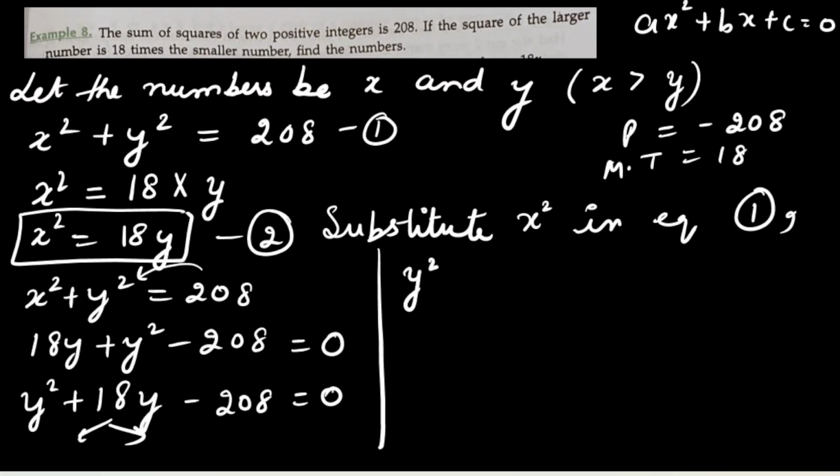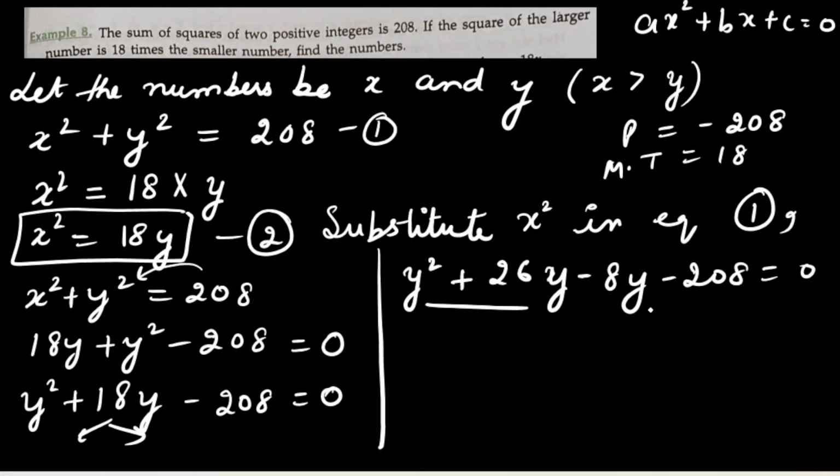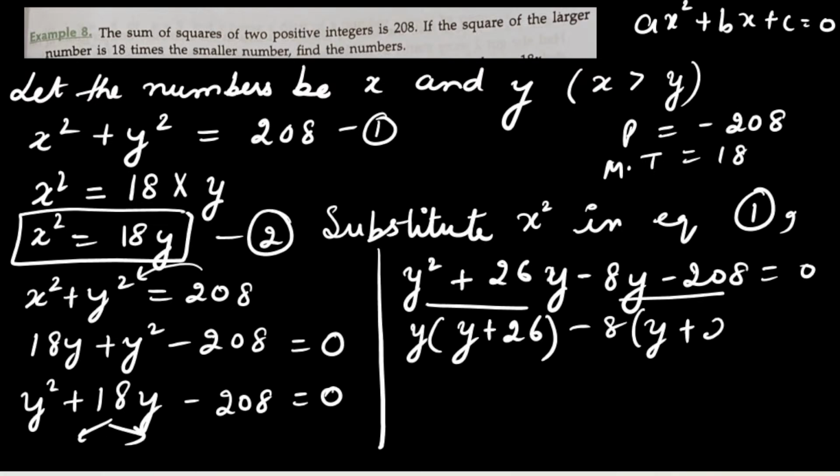So y square plus 26y minus 8y minus 208 is equal to 0. This is one pair, this is another pair. From the first pair I am taking y common, and from the second, minus 8 common. So y plus 26 is common: y minus 8 into y plus 26 is equal to 0.